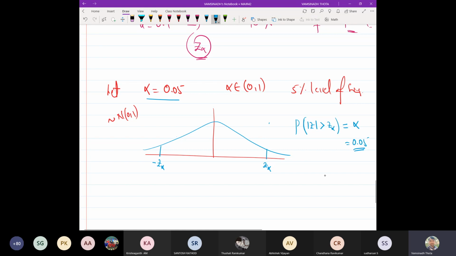Okay, which is the same as the probability of mod Z less than or equal to Z alpha is equal to 1 minus alpha, that is 0.95.